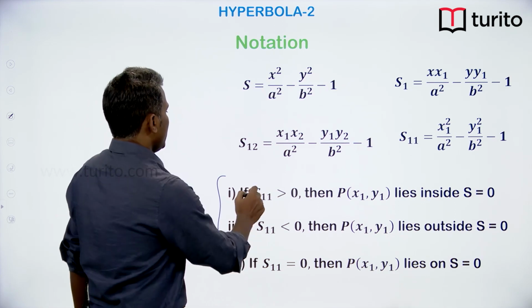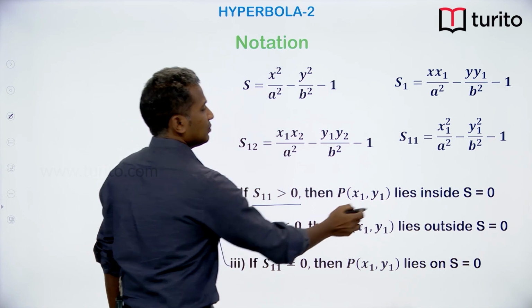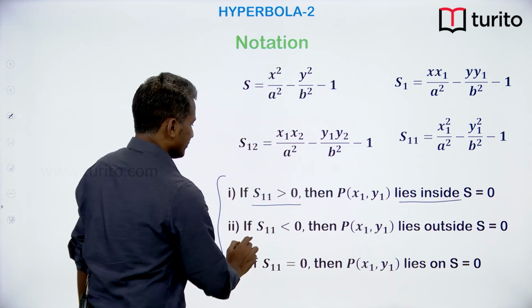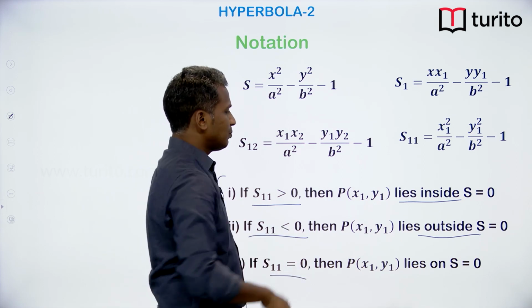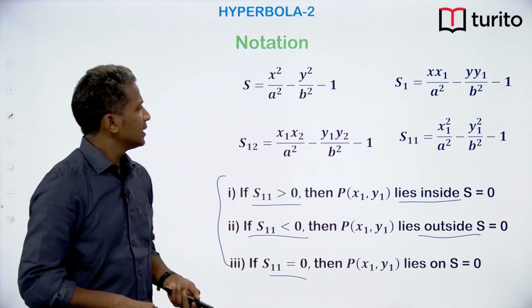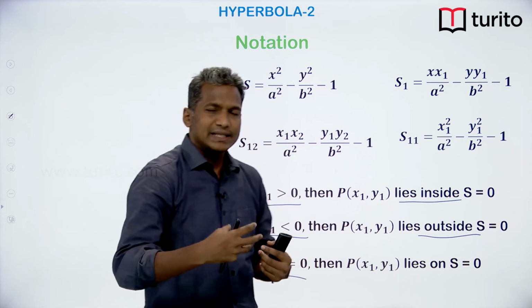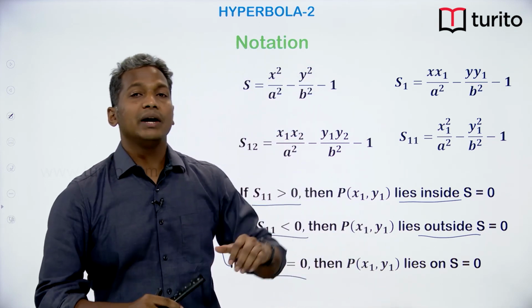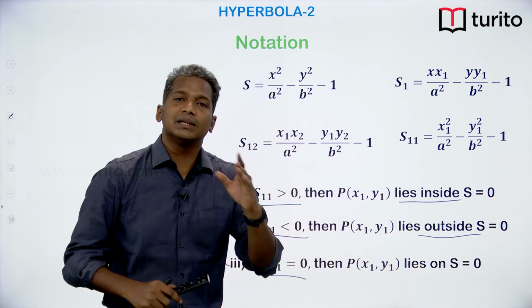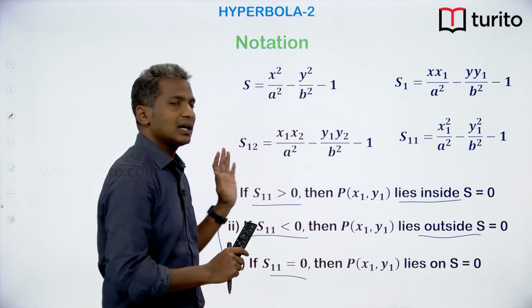So, basically if S11 is greater than 0, the point is inside, S11 less than 0, the point is outside, S11 equal to 0, the point lies on the curve. Okay. So, here we have understood what exactly is the interior region, why it is the interior region, and what happens to S11 in the interior region. We have understood that completely.